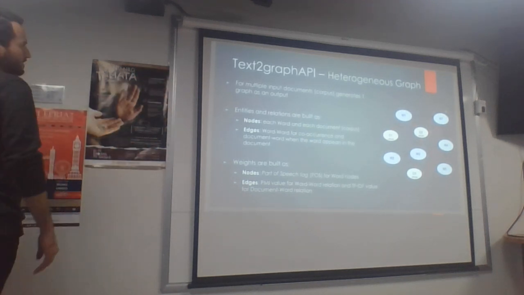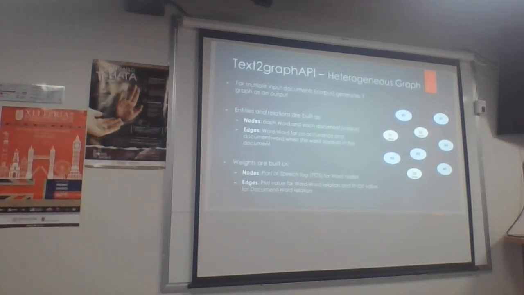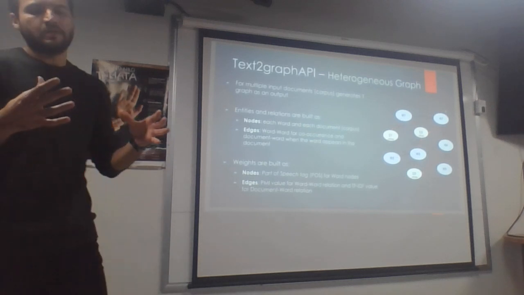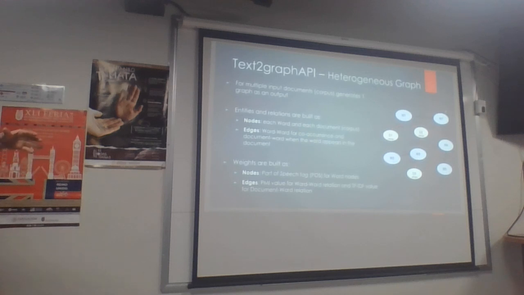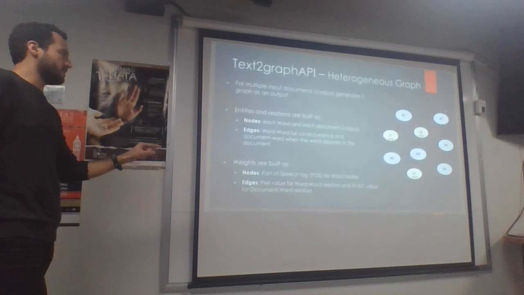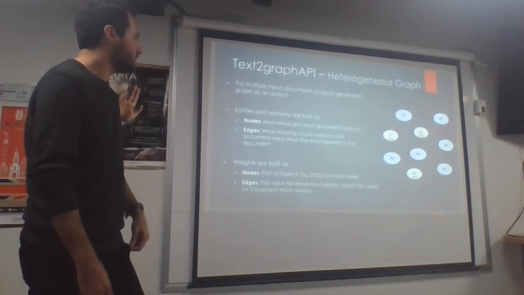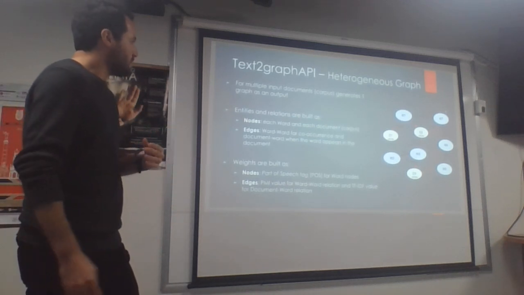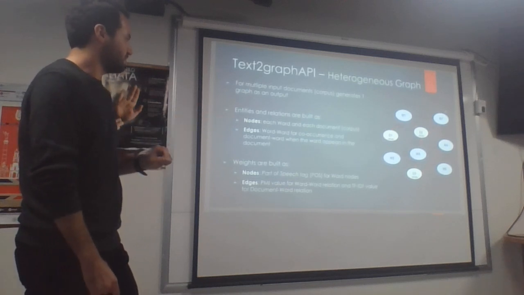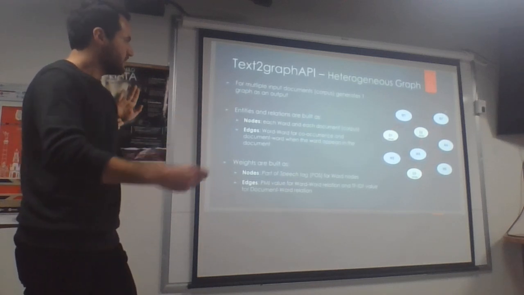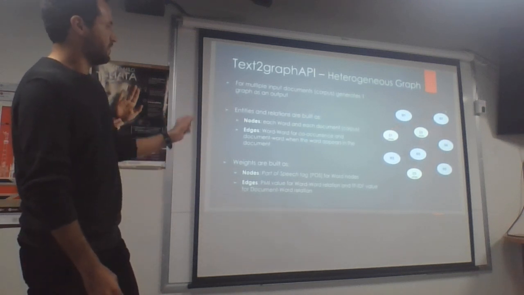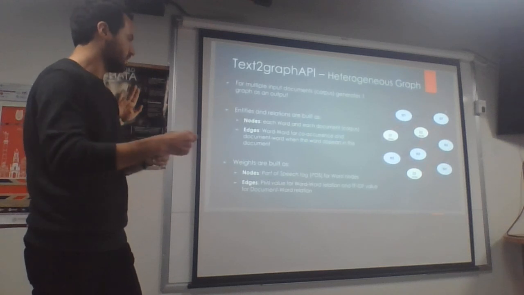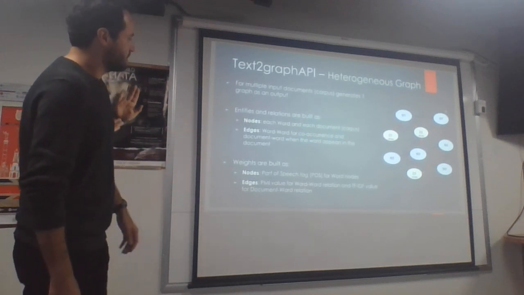Another popular representation is the heterogeneous graph. Here, taking all the documents in the corpus, we generate one graph as output. We have two types of nodes: each word and each document in the corpus is represented as a node. We also have two types of edges. One is the word-to-word relation for the co-occurrence of words, and the other is the document-word relation: if the word appears in the document, we link those nodes with an edge.